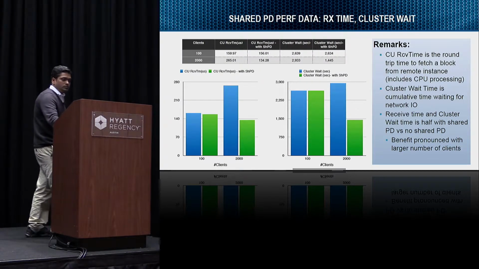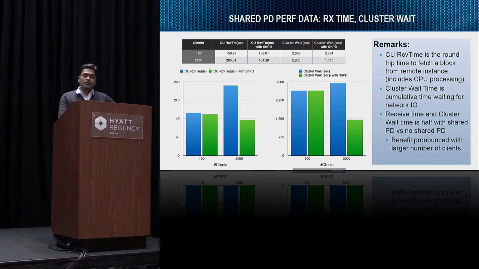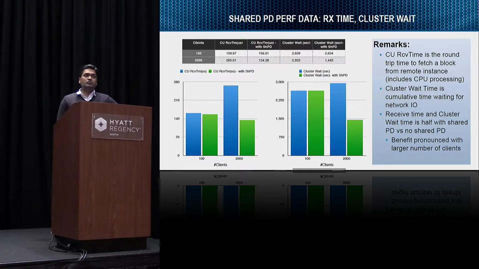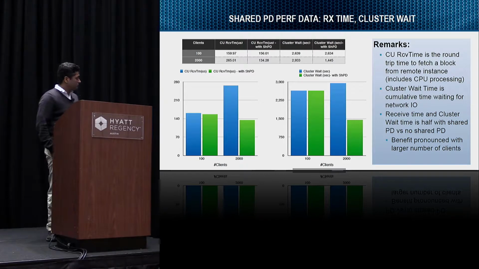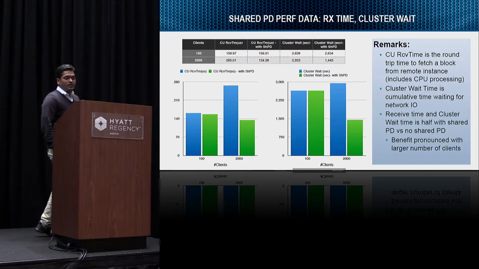So there are a couple of graphs here. The first bar graph is basically the receive time. It's the total round trip time to fetch a block from a remote node. That also includes CPU processing. The second graph is the total cluster wait time to do a full network I/O.